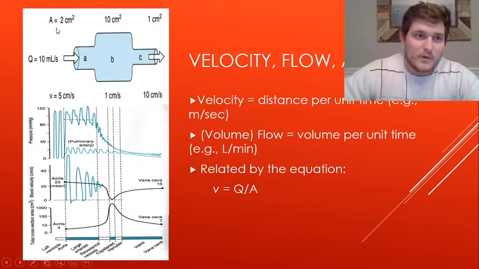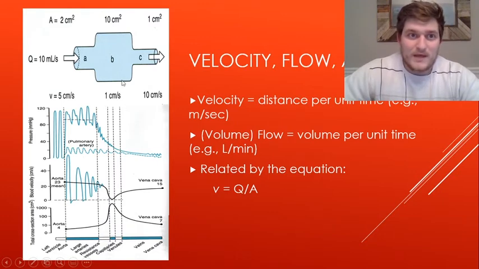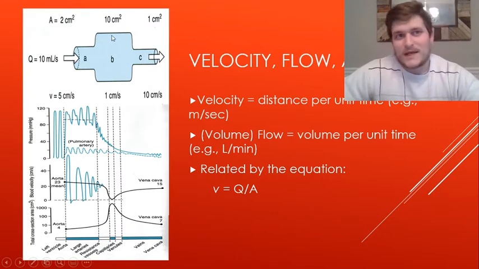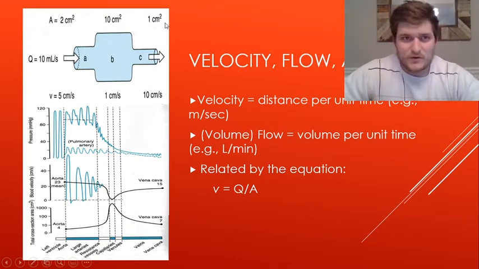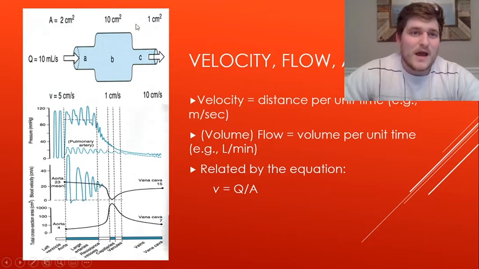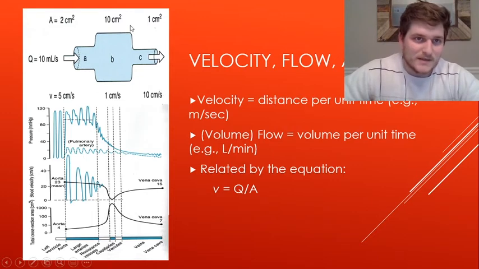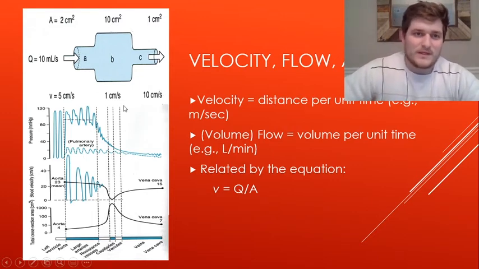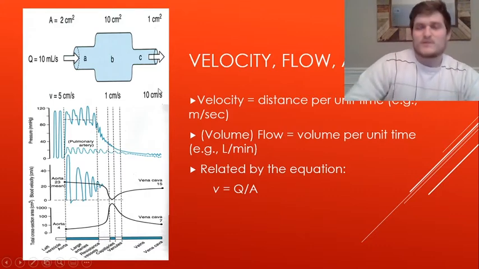So by multiplying the cross-sectional area fivefold, the velocity is decreased fivefold. And then by, again, reducing that cross-sectional area down to 1 centimeter squared, we see that velocity significantly increases. So by decreasing the area tenfold, the velocity increases tenfold.